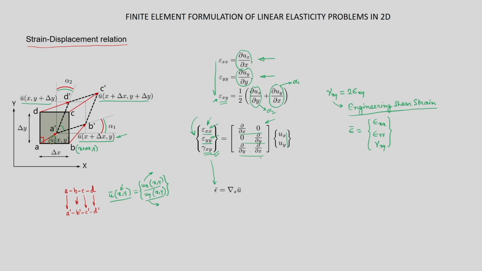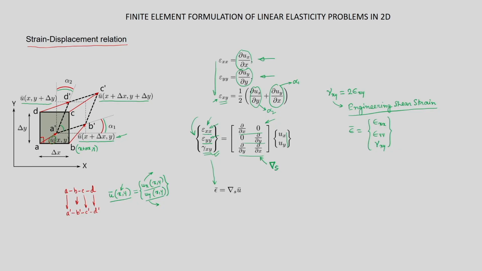Alright. So this operator, we denote as the symmetric gradient. Just note that this is not the gradient operator, this is a particular arrangement of the partial derivatives. We are terming this the symmetric gradient because that results in a symmetric strain tensor.